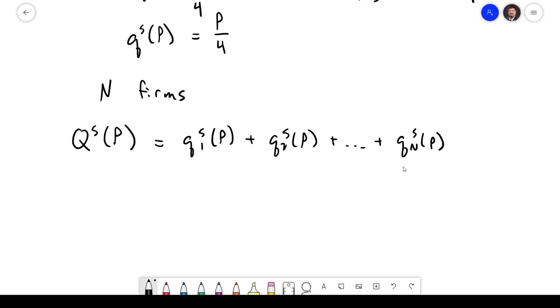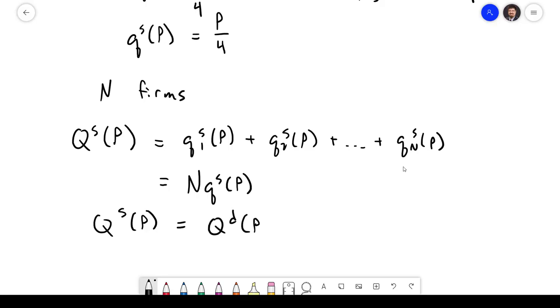If every single firm has the exact same cost function, they will have the exact same supply function. This tells us that market supply is N times an individual representative firm's supply. Once we know that, we will set the market supply function equal to the market demand function and solve for P to find the equilibrium.